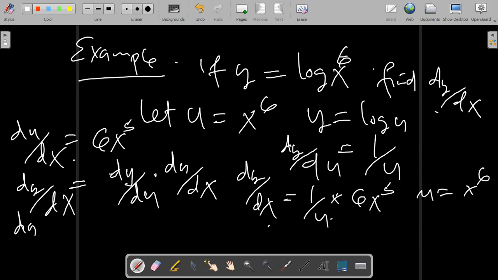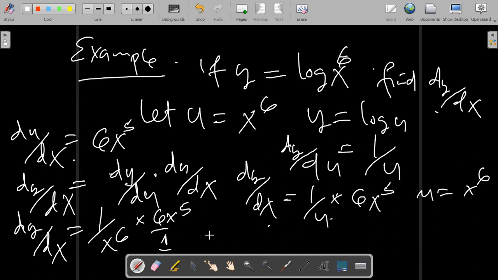So dy over dx is equal to 1 over x raised to the power of 6, times 6x raised to the power of 5. This will give 6x raised to the power of 5 divided by x raised to the power of 6.